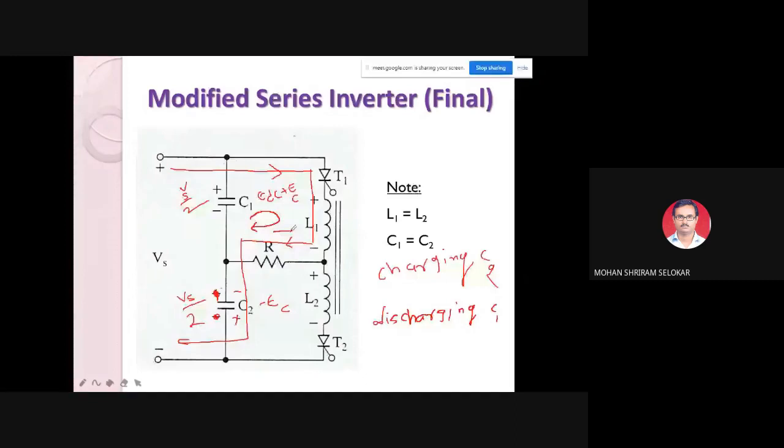Everybody? Yes or no? So the lower direction of current is provided by the battery. See, the arrow is showing like this. Whereas the upper current is supplied by the capacitor. So what I mean to say is that in this case, 50% of the current is provided by the battery, by this path shown by the arrow, whereas 50% of the current is provided by the capacitor C1.